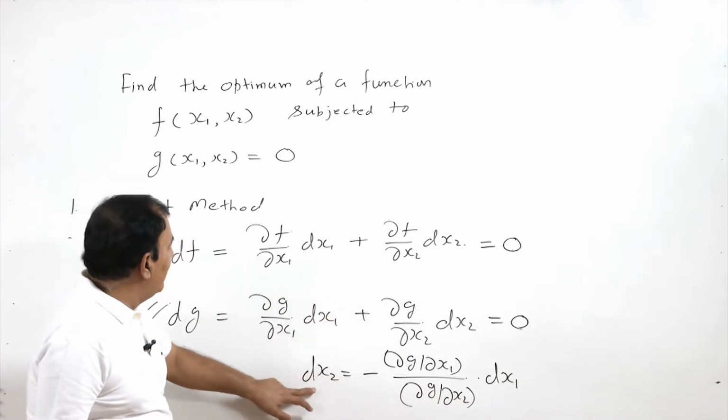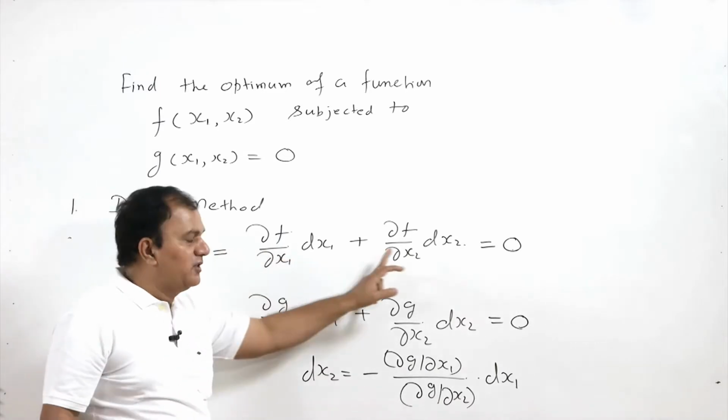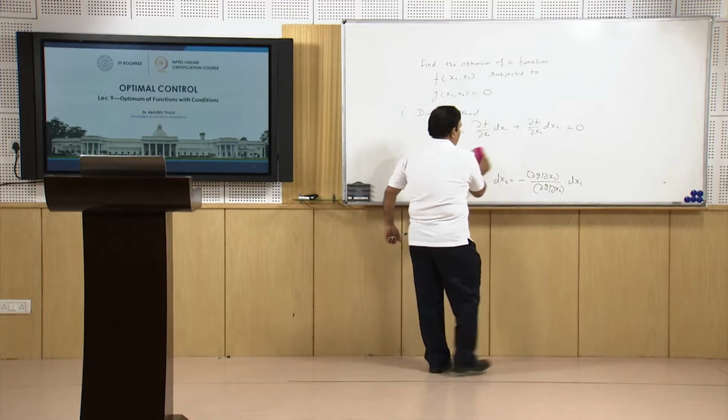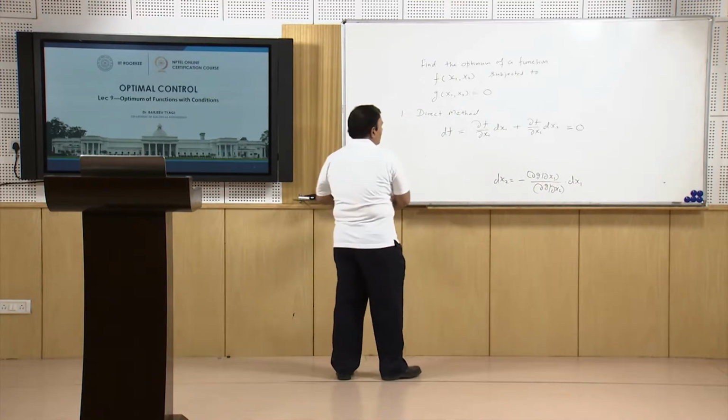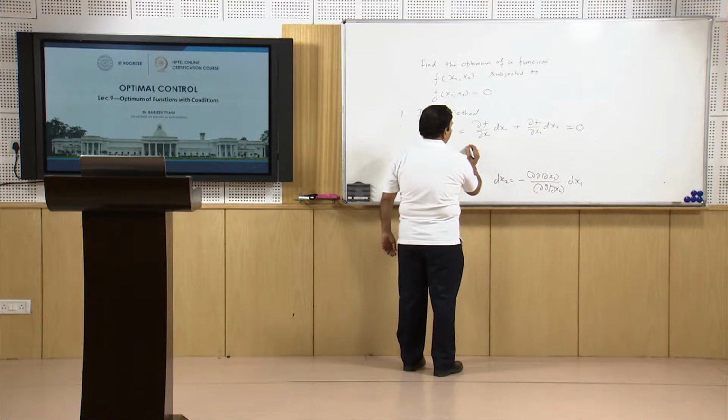Now if I place the value of dx2 in this, my whole expression will be in terms of dx1. So, in the next step we will place this dx2 in df in this expression.